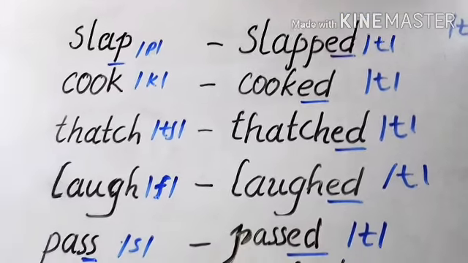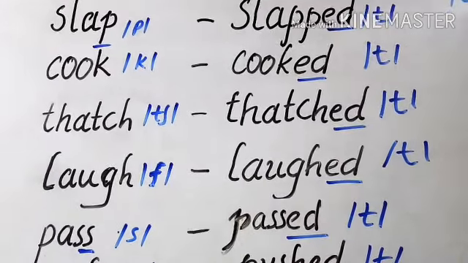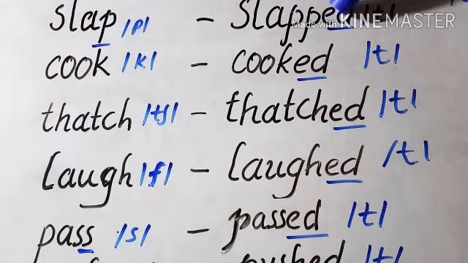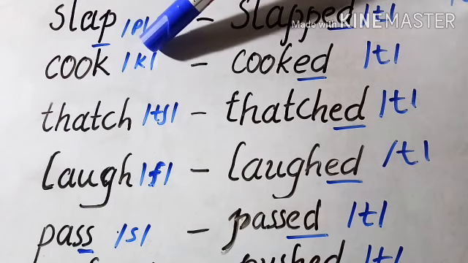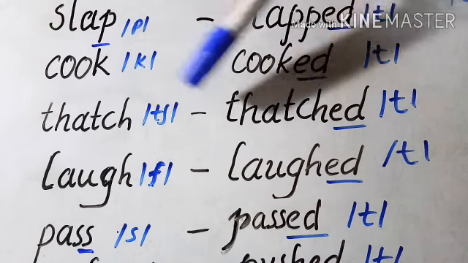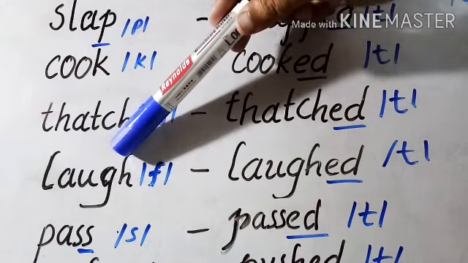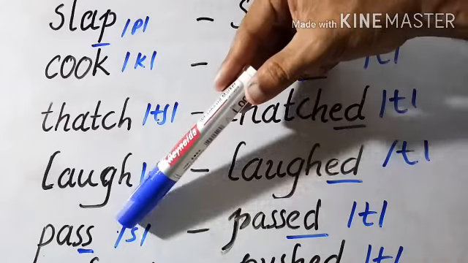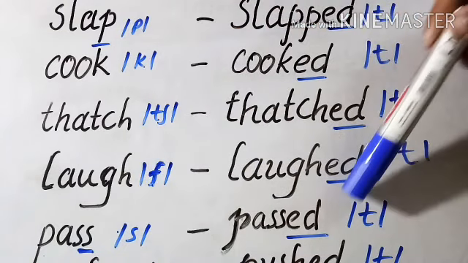So if we observe from the top, the p sound, when it gets ed, it becomes t: slap, slapped. Cook, k, cooked. Thatch, ch, thatched. Laugh, f, laughed. Pass, s, passed.